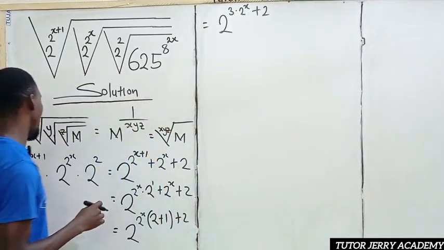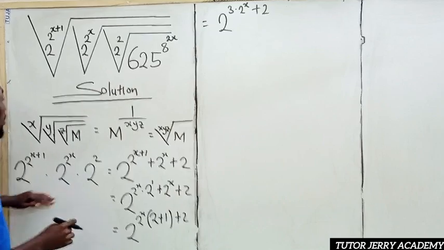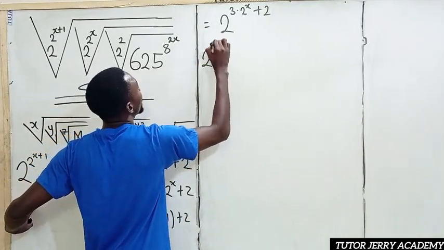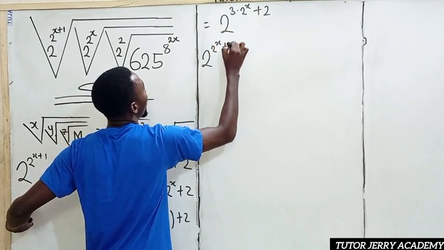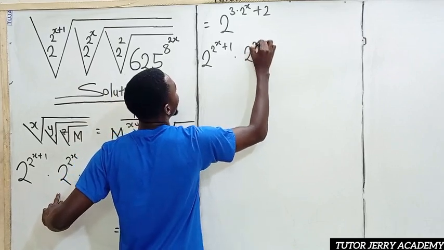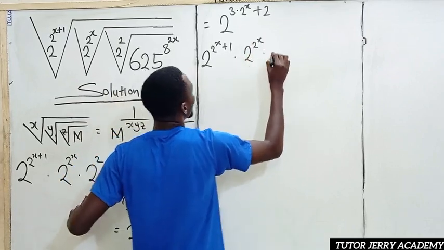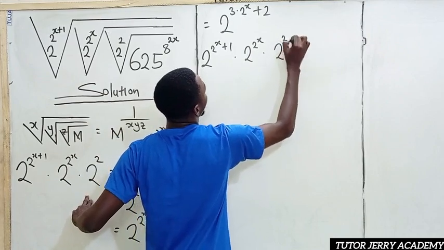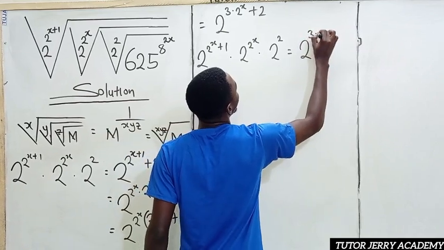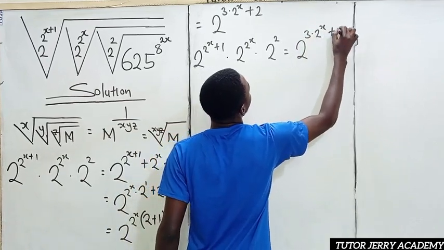So we can therefore say that the product of 2 to the power of 2s plus 1 multiplied by 2 to the power of 2s multiplied by 2 to the power of 2 is equal to 2 to the power of 3 multiplied by 2s plus 2.